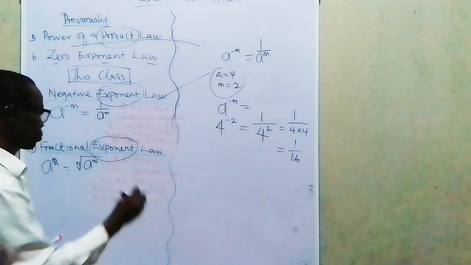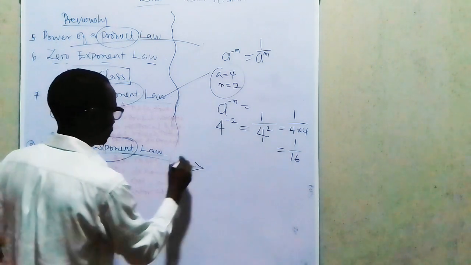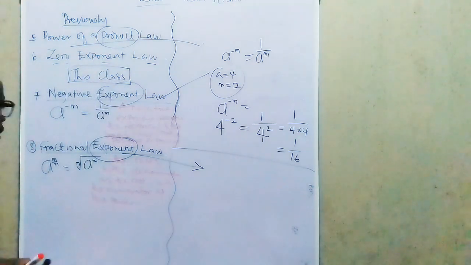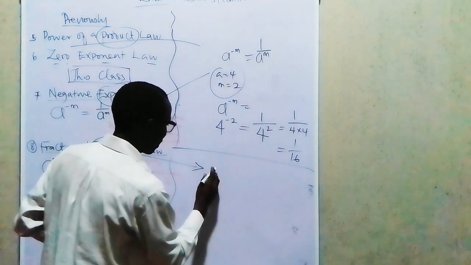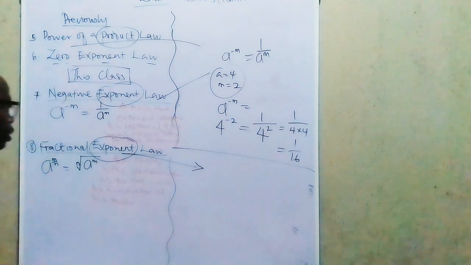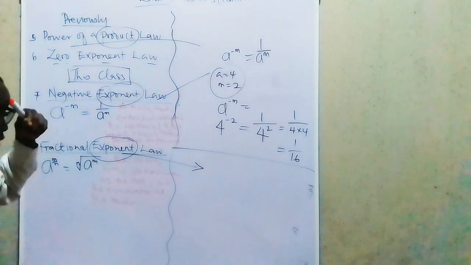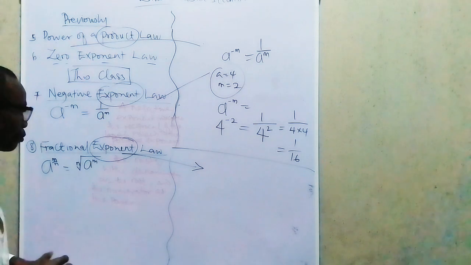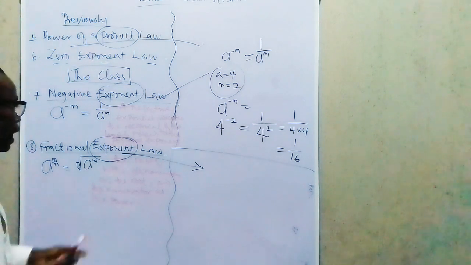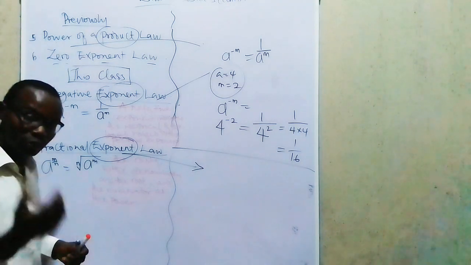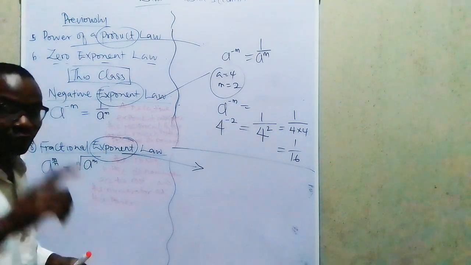Now the next law quickly is the fractional exponent. Now what that means is this: the fractional exponent law says that you use the denominator as the root and the numerator as a power.